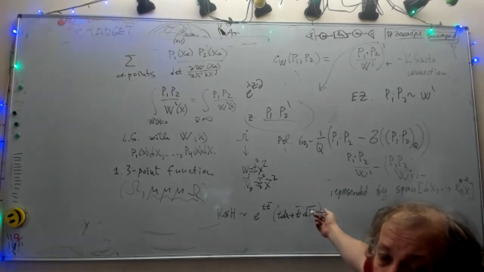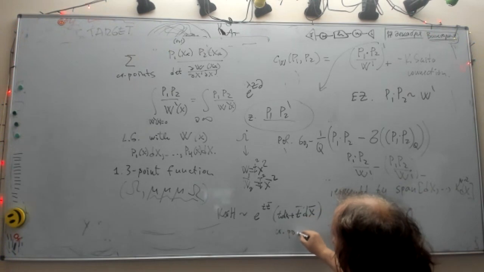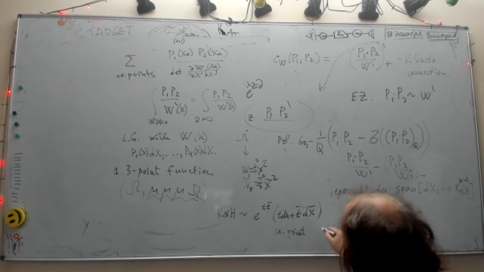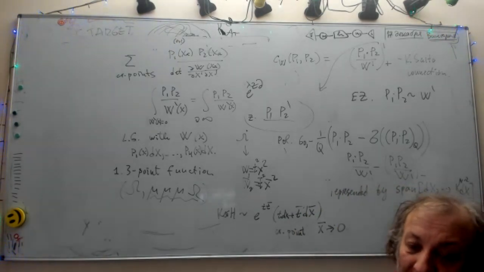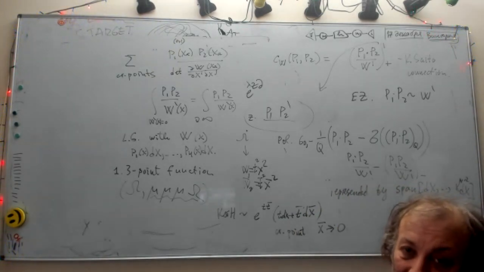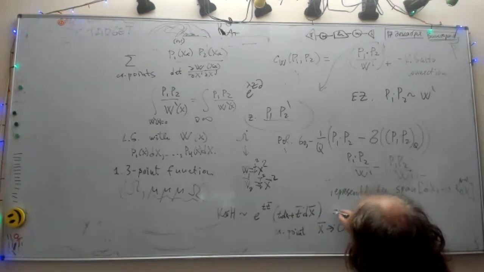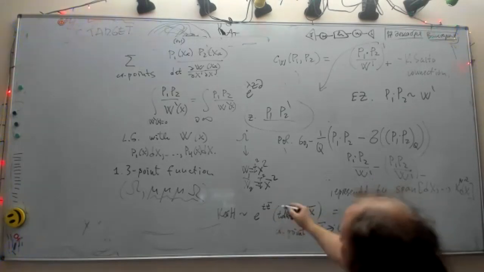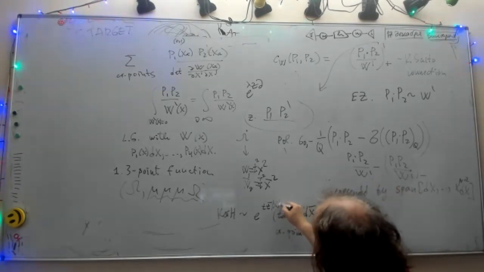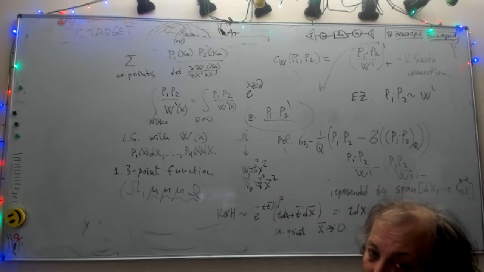You can go to the critical point and take x bar to 0. So you contract with the anti-holomorphic field. From this, you will get T dx.